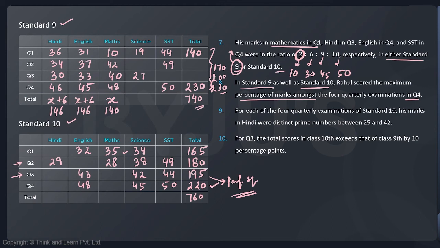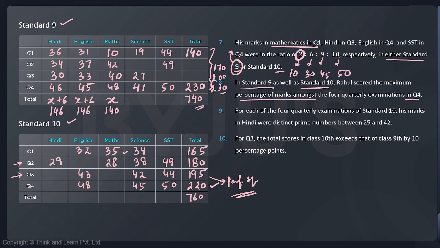So if this total is 230, then 46 plus 45 is equal to 91. 91 plus 48, that is 139. 139 plus 50 is 189. So the remaining score would be here, that is equal to 41. So we have filled up this as well. Rather, now I see that we can also fill up this quarter 2 of standard 10. 29 plus 28, it is 57. 57 plus 38 is 95.